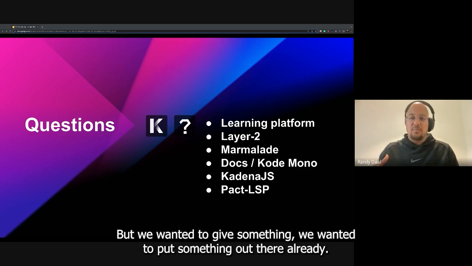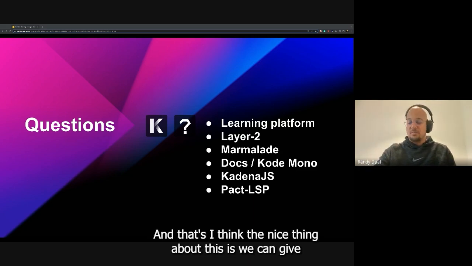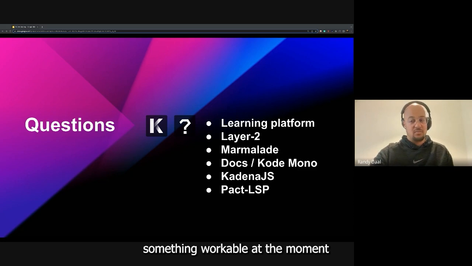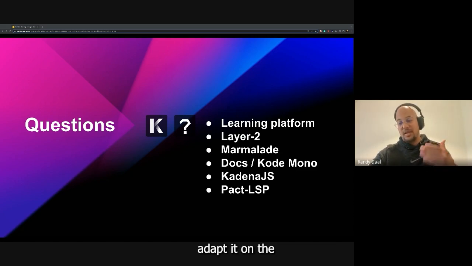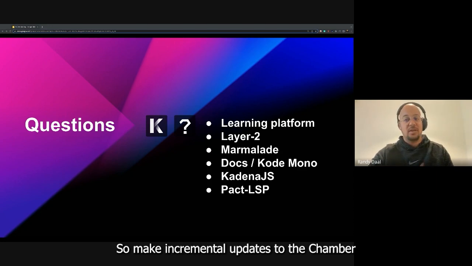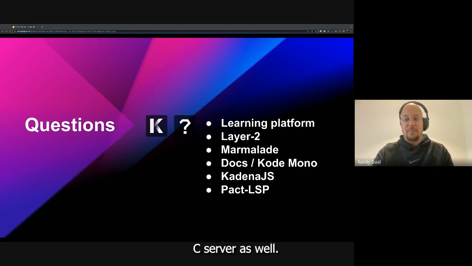But we wanted to put something out there already. And I think the nice thing about this is we can give something workable at the moment, and we can adapt it under the hood while people are using it, so make incremental updates to the Chainweb SSE server.